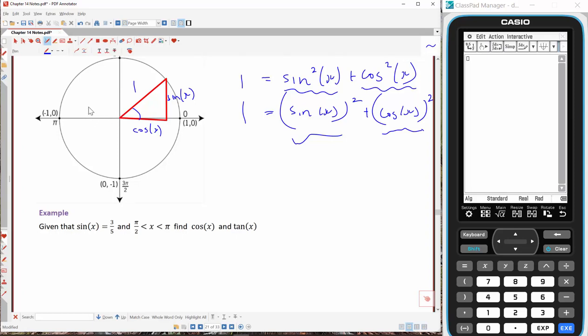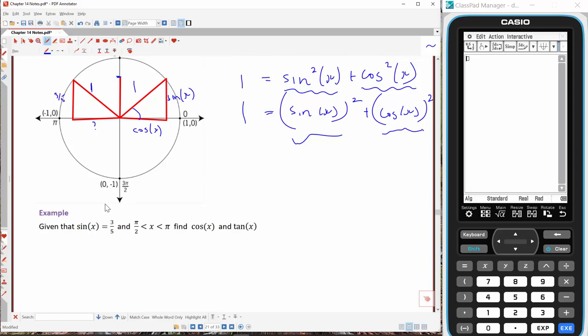All right, so that's 6/10 roughly there. All right, so let's draw that in. All right, so the sine, that value there is going to be 3 on 5. This value here is going to be 1. And this value here is what we're after.